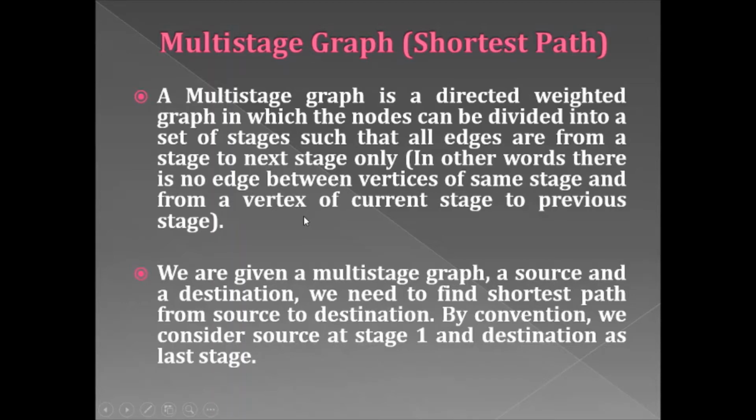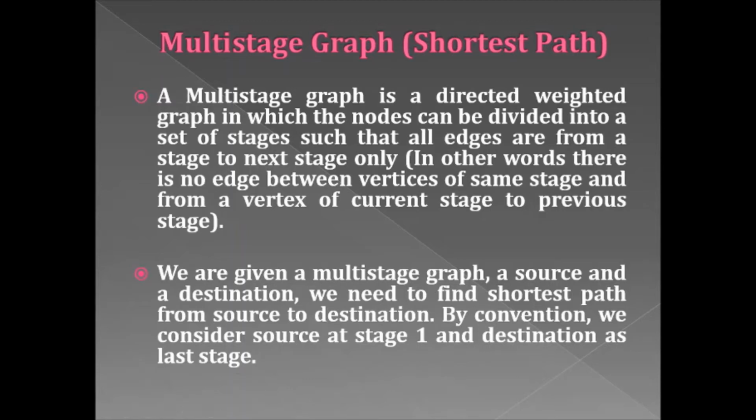And what is this multi-stage graph problem? We are given a multi-stage graph with a source and a destination, and we need to find the shortest path from the source to the destination. By convention, we usually consider the source at stage 1 and the destination at the last stage.